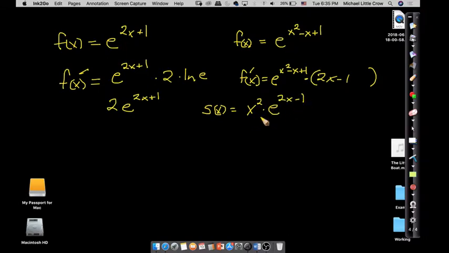What are we going to need to use with this one from Thursday? The product rule. Remember, the product rule is the derivative of the first times the second unchanged plus the derivative of the second times the first unchanged. So we'll give it a try, step by step.